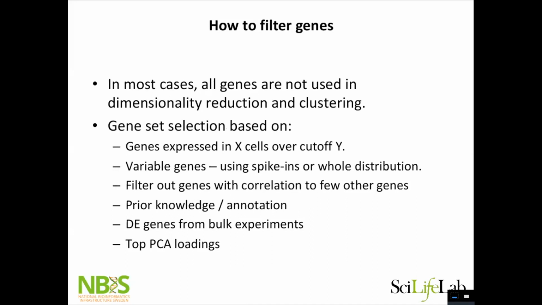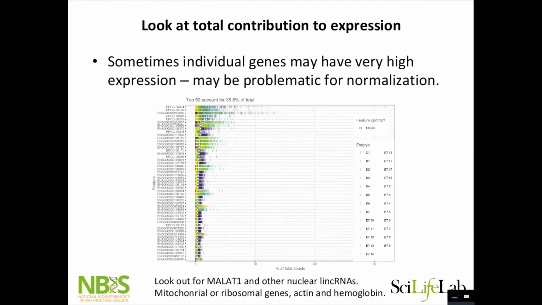Another thing is quality control on genes. I think during the afternoon we'll talk about a lot of gene set selection, finding variable genes, and so on. But there might be some problematic genes in your data set. So here is actually a plot with a contribution to all total counts per gene. And as you see here, this is clearly a case with a bit too much spike-in.